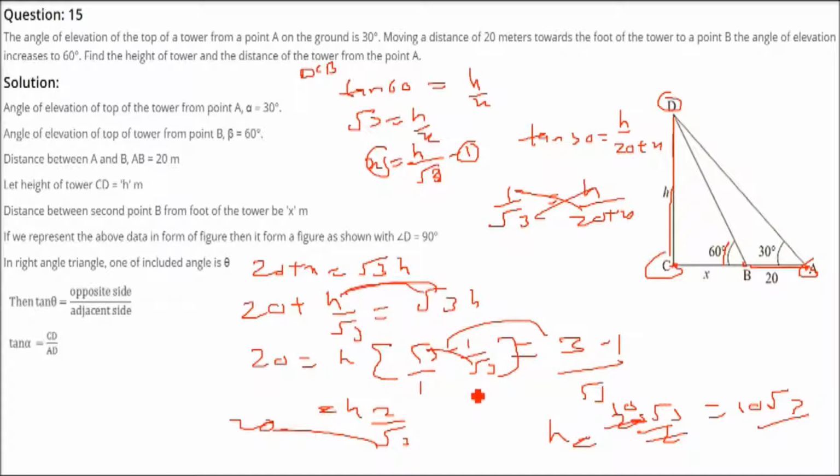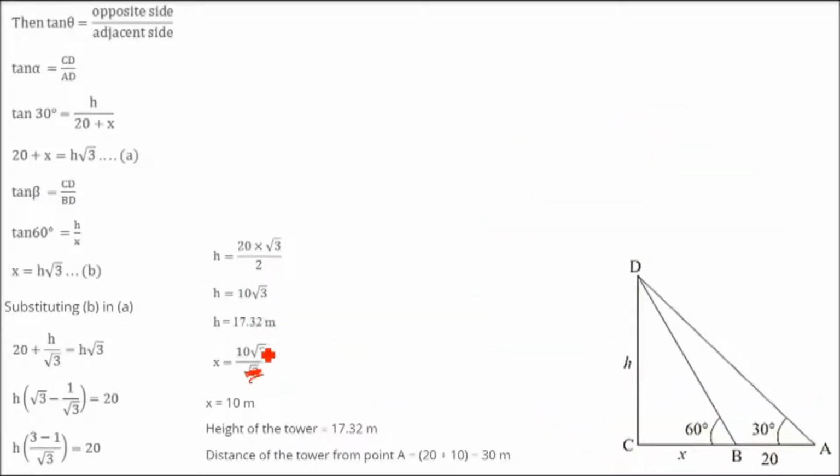So it is going to be 3 minus 1 by root 3. So it will be 10 root 3. I just want to change this. If you see, this is root 3 minus 1 by root 3. This becomes 3, this minus 1. So 2 by root 3. 20 into root 3 by 2. So this is 10. So 10 root 3 is the answer.